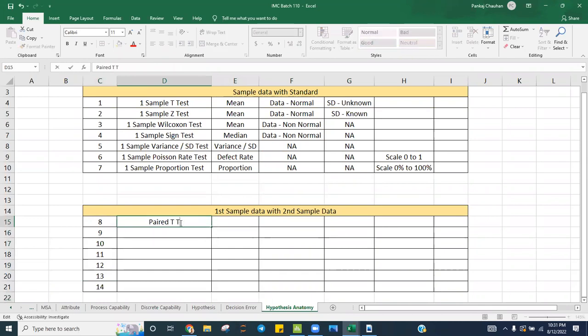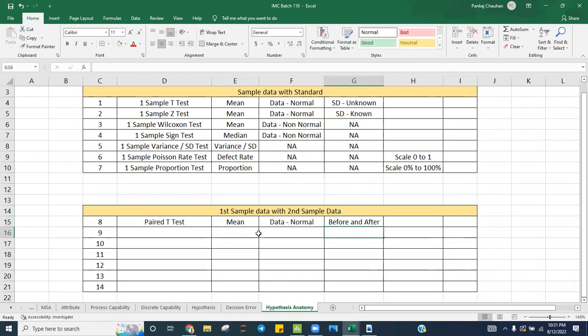When will you be using the paired t-test? When you compare the mean, your data is normally distributed, and the condition is before and after. The situation is clearly stated: before improvement and after improvement, in case you want to compare the AHT.